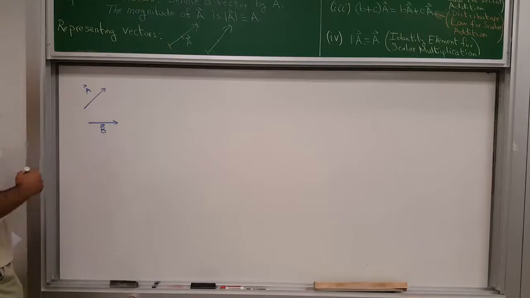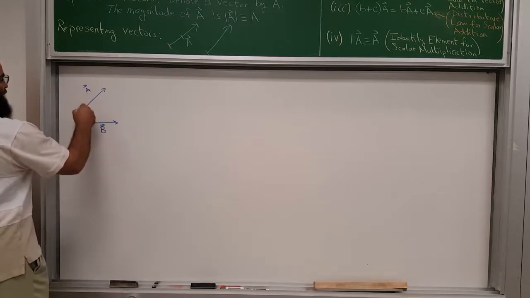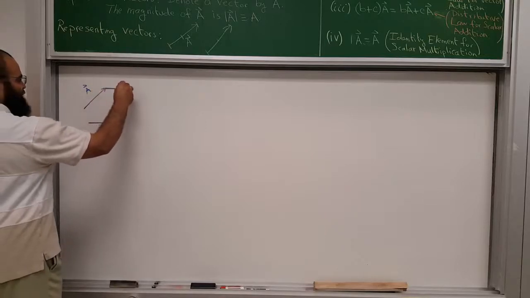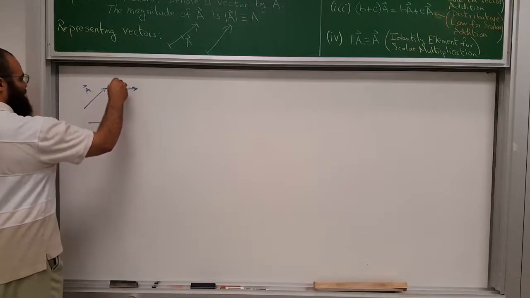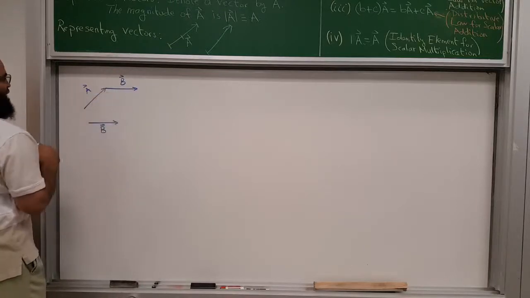And I want to add them. The way we add them is by drawing the tail of vector B at the tip of vector A. So vector A takes you from here to here, and then vector B takes you in this direction. This is vector B, and so this is A plus B.